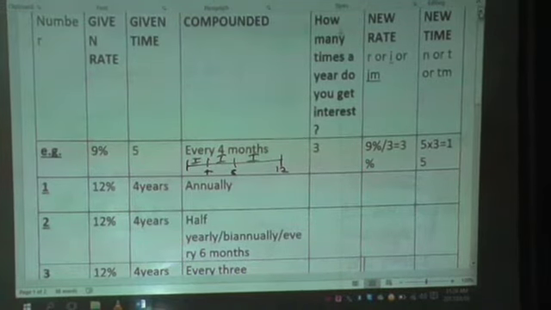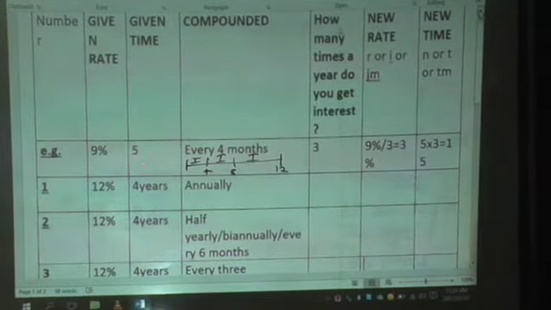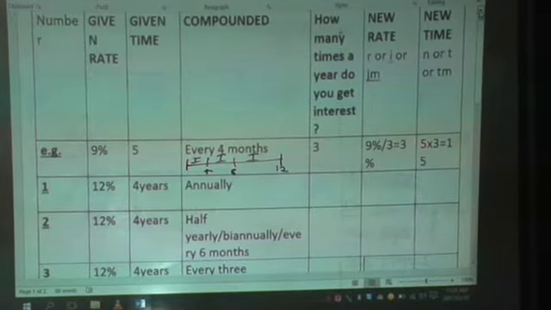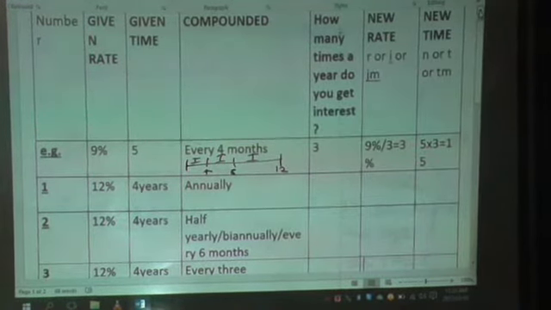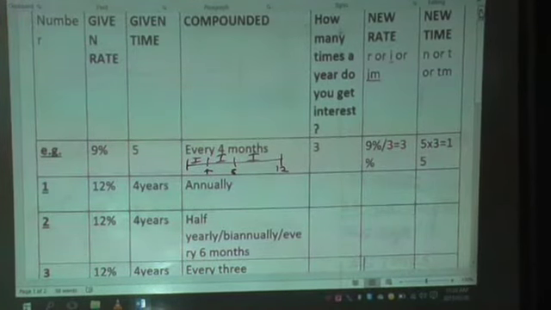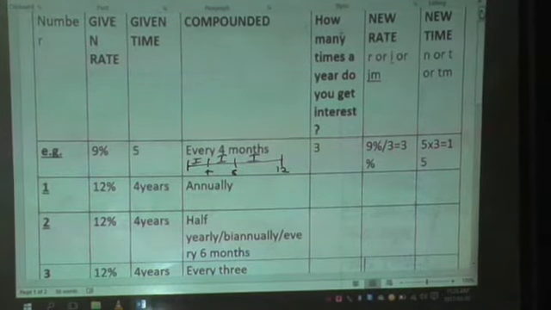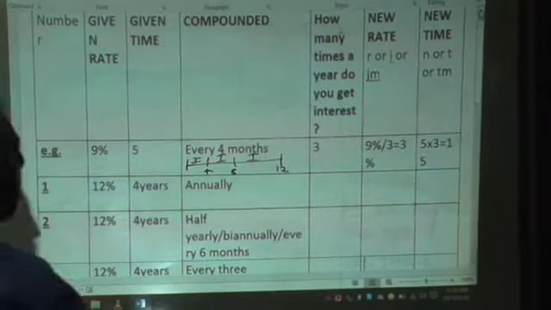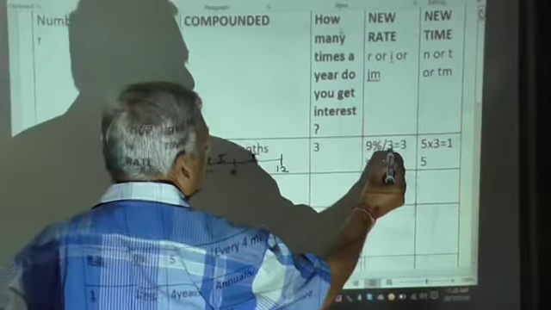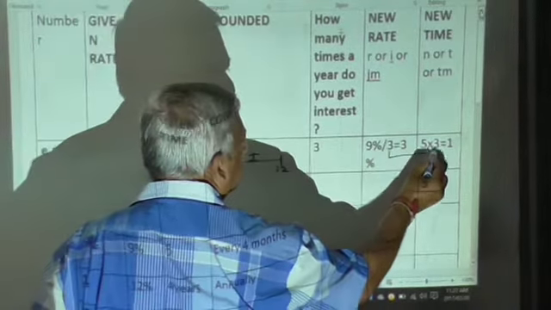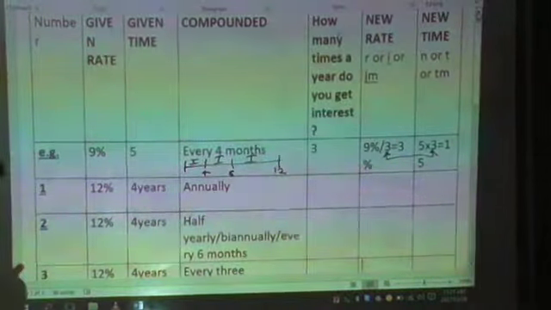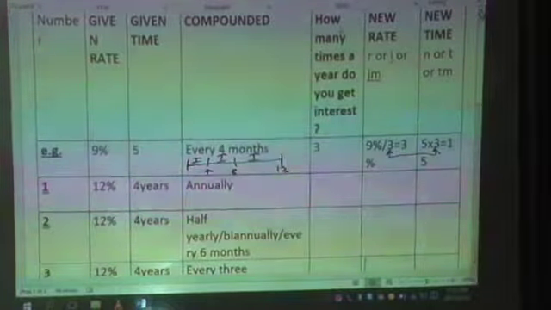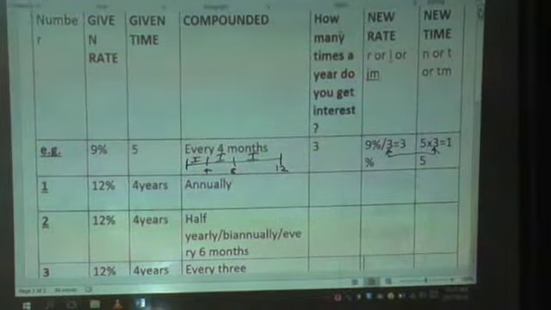Now take the time. The time given was 5 years. You always multiply the time by this number here. You divide the rate by 3 here, therefore you will multiply the time by 3.